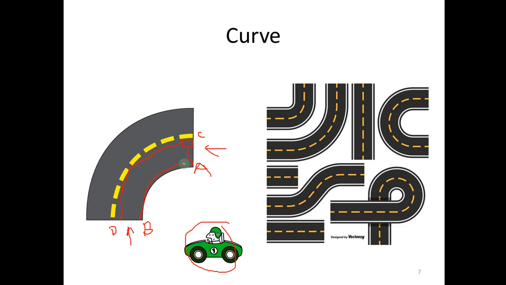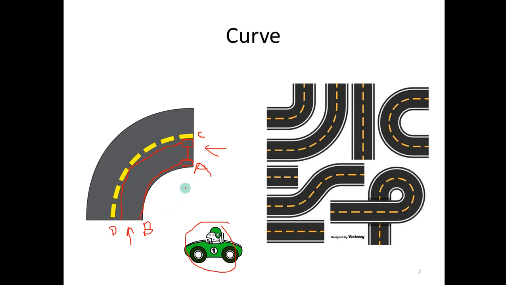So this inside wheel should travel a smaller distance, while this outside wheel should travel a larger distance.